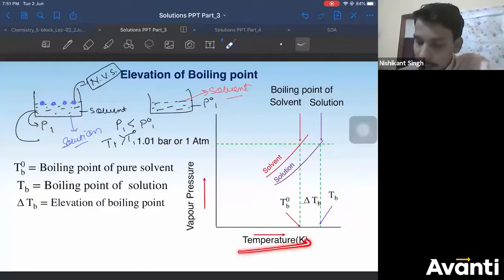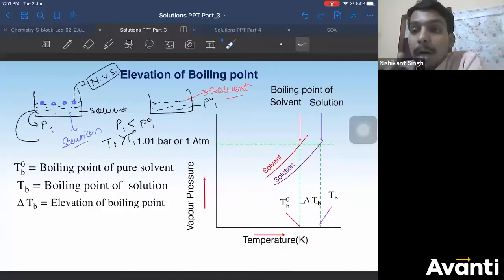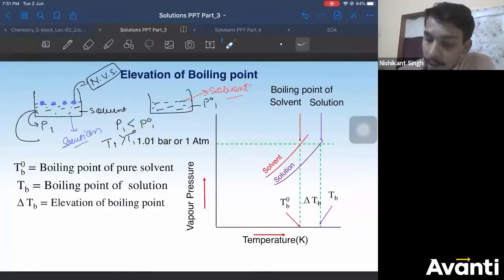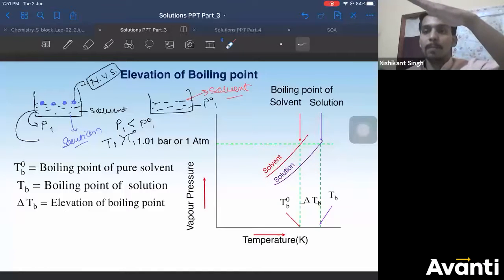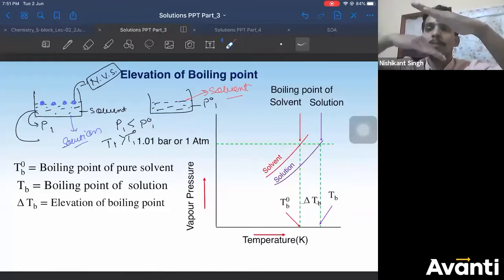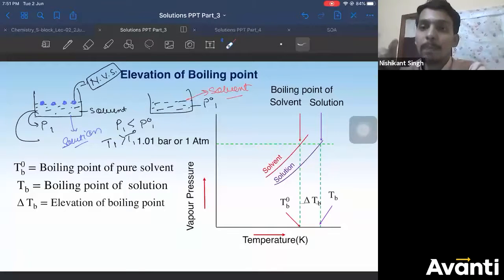So as temperature increases, vapor pressure of solution also increases. But see carefully, vapor pressure of solution is lying below solvent. That means P1 here is less than P01, right? That means vapor pressure of solution is less than vapor pressure of solvent.